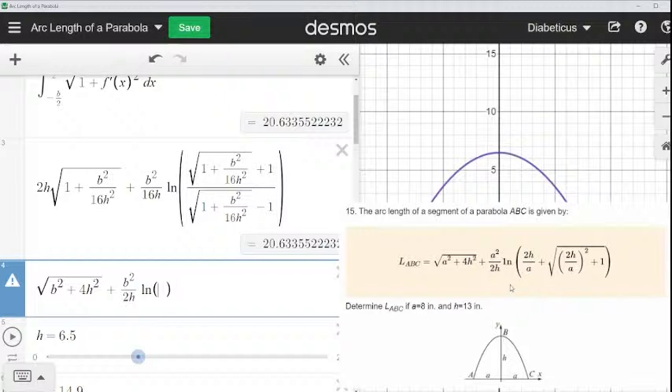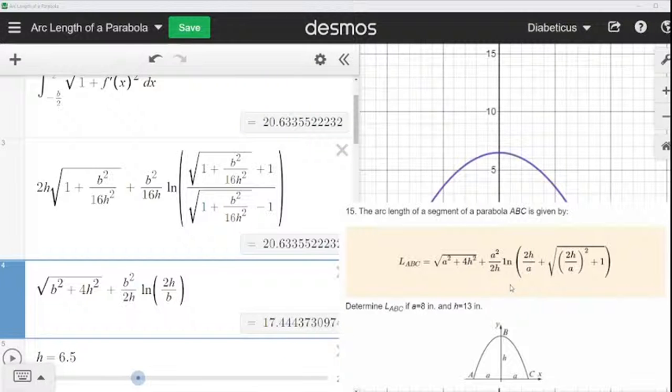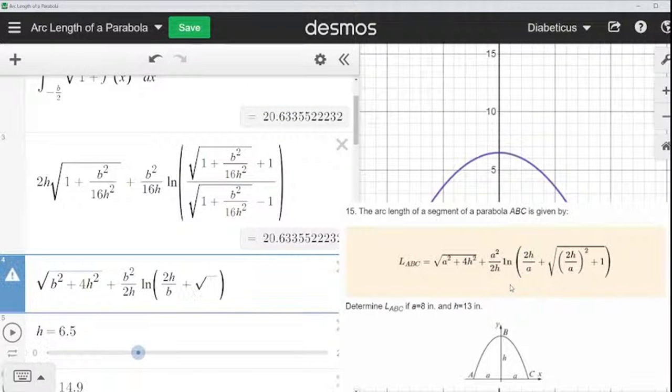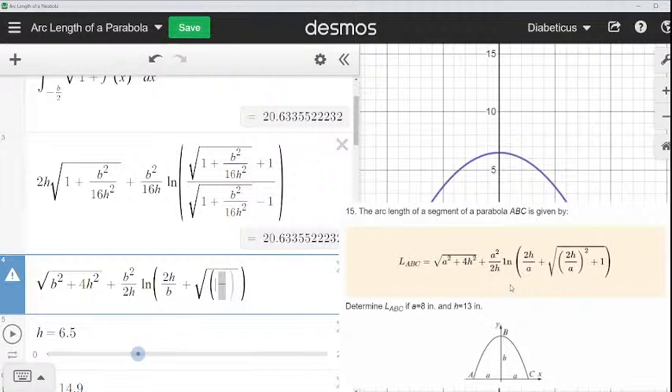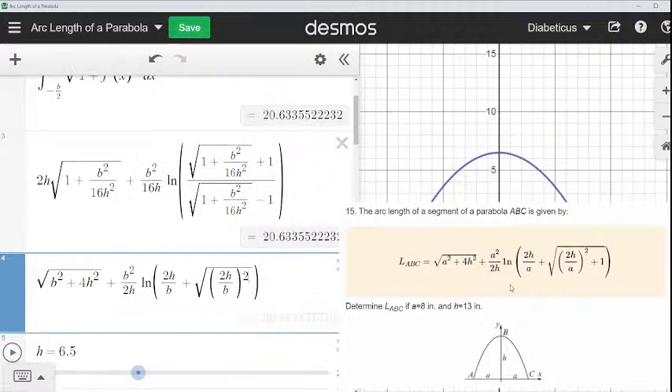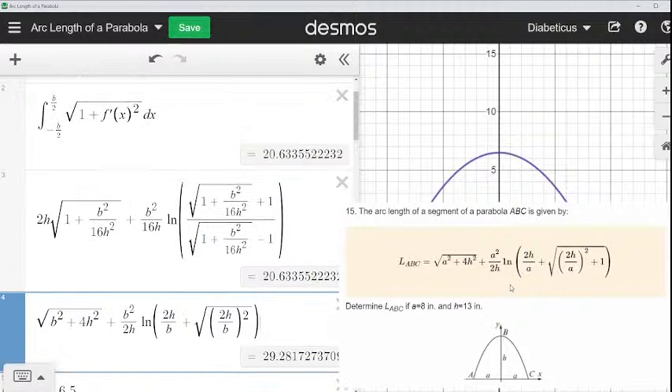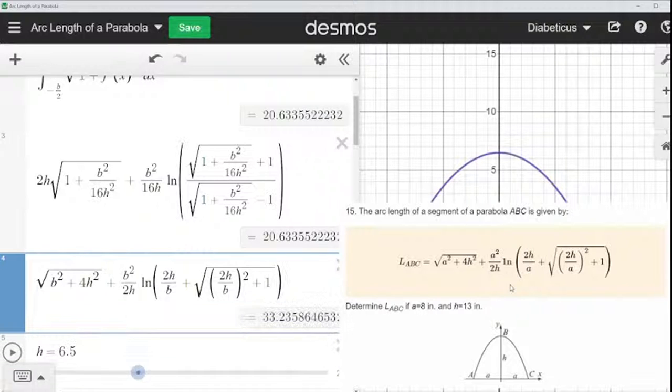H over a, 2h over b. Plus square root of 2h over a squared, 2h over b squared. Okay, plus 1. The plus 1. Okay. Is that it?